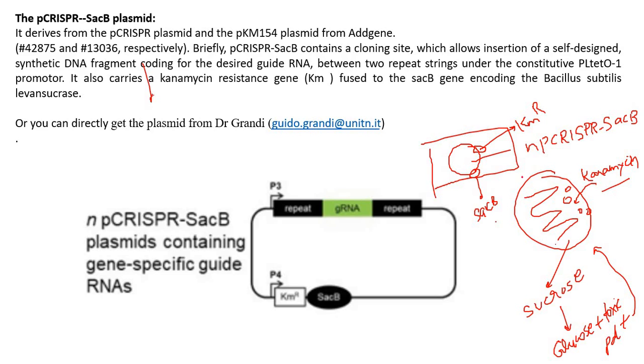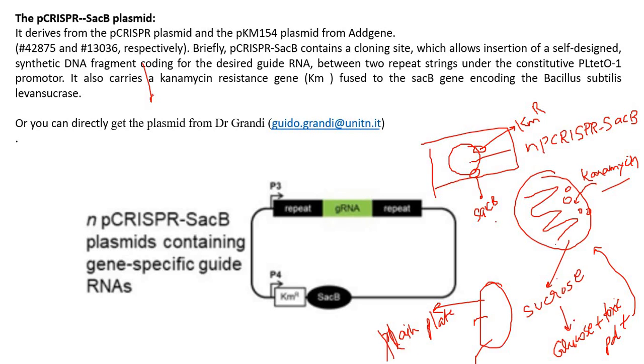So if the bacteria has this plasmid and you add sucrose, you will not get any kind of colony, you will get a plain plate.